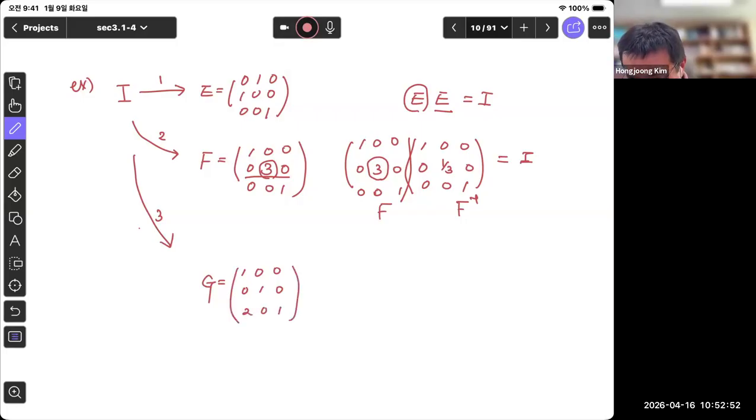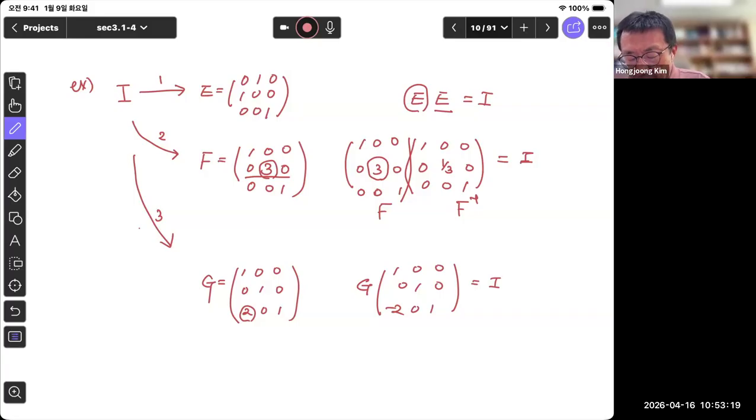So if I multiply G with 1 0 0, 0 1 0, negative 2 0 1, then you get the identity matrix.